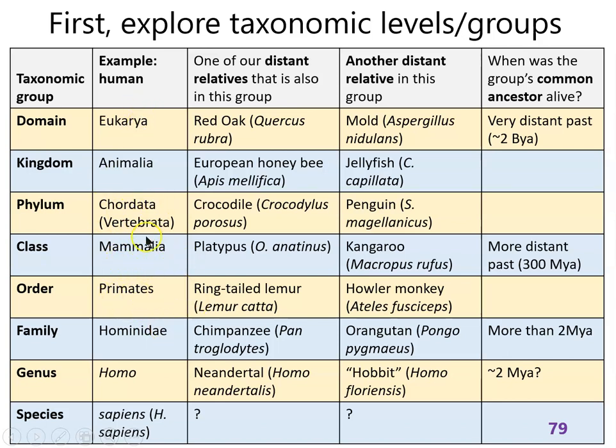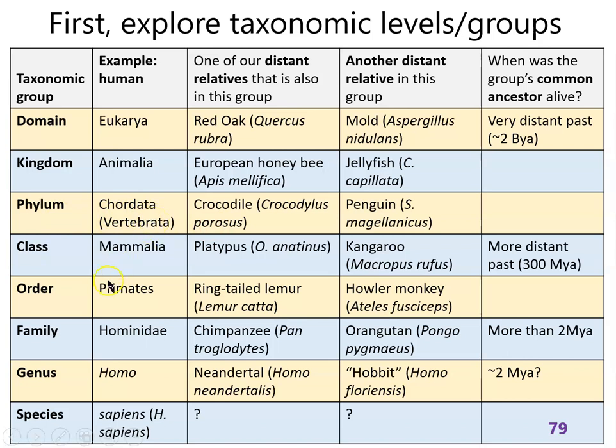And so for each of these groups, like within our phylum of the chordates, or the ones with notochords and vertebrae, what's the most distant relative I could think of that's still in our phylum? There are some really weird fish in this group, but I came up with a crocodile and a penguin. They're both in that same phylum and they are distantly related.